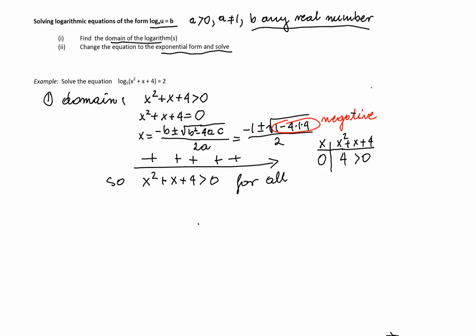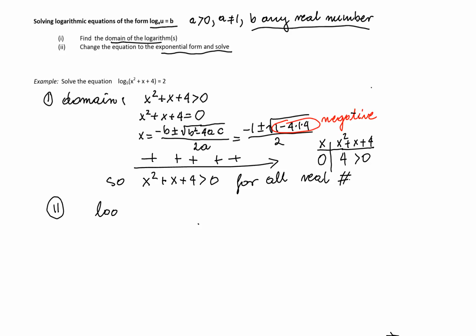And therefore, we don't have a restriction on values of x, and we can go to step 2, to use the exponential form of this equation to solve for x.